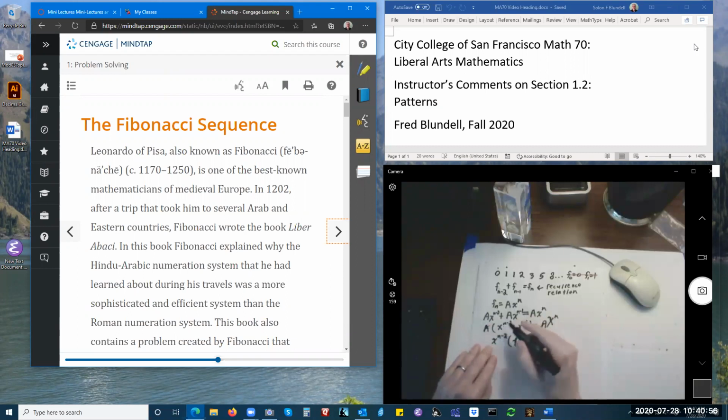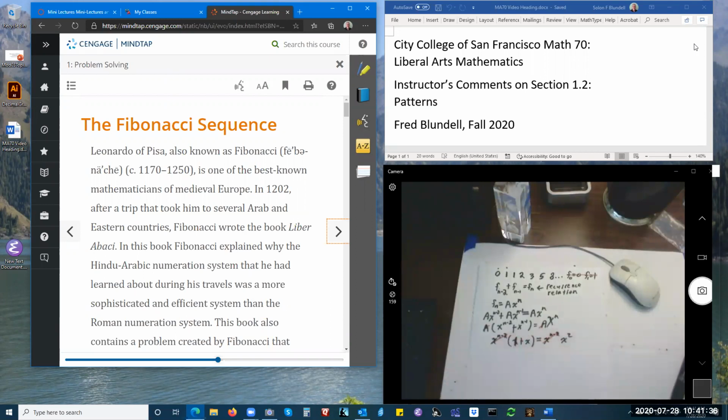If I factor out the x to the n minus 2, I have x to the n minus 2 times 1 plus x. See, x to the n minus 2 times 1 is just x to the n minus 2. X to the n minus 2 times x is just x to the n minus 1. See, I factored out x to the n minus 2 on both sides. Divide both sides by x to the n minus 2.